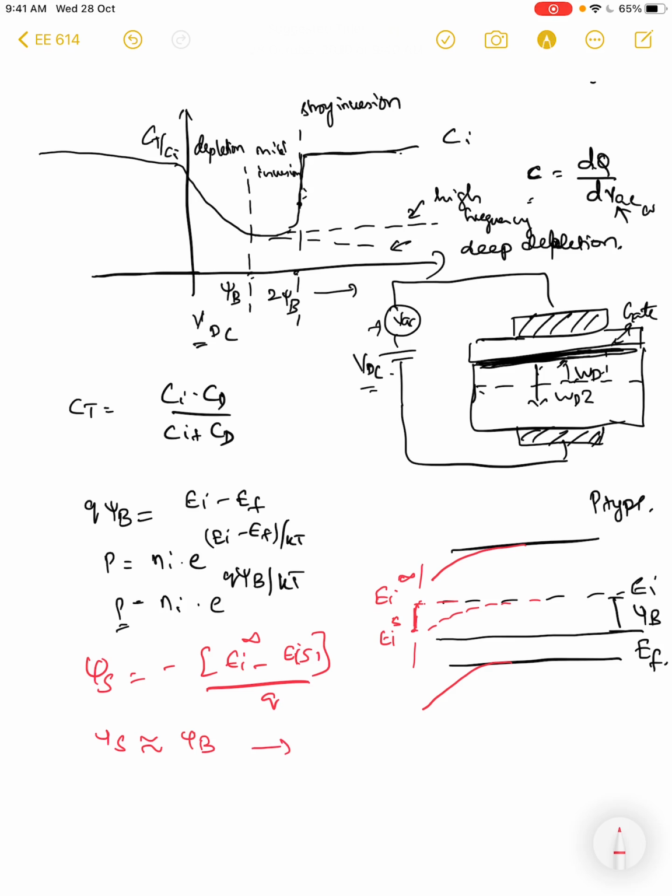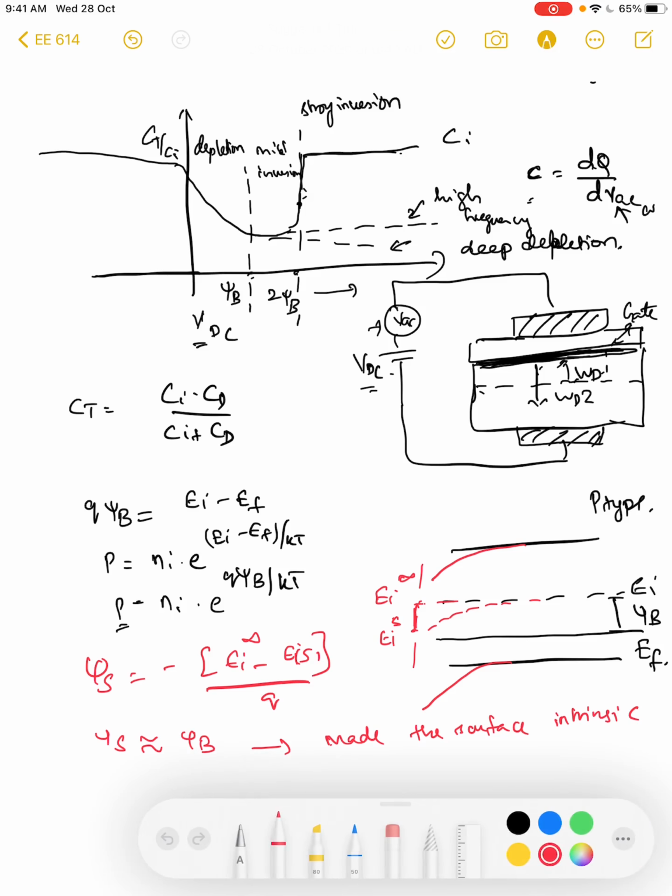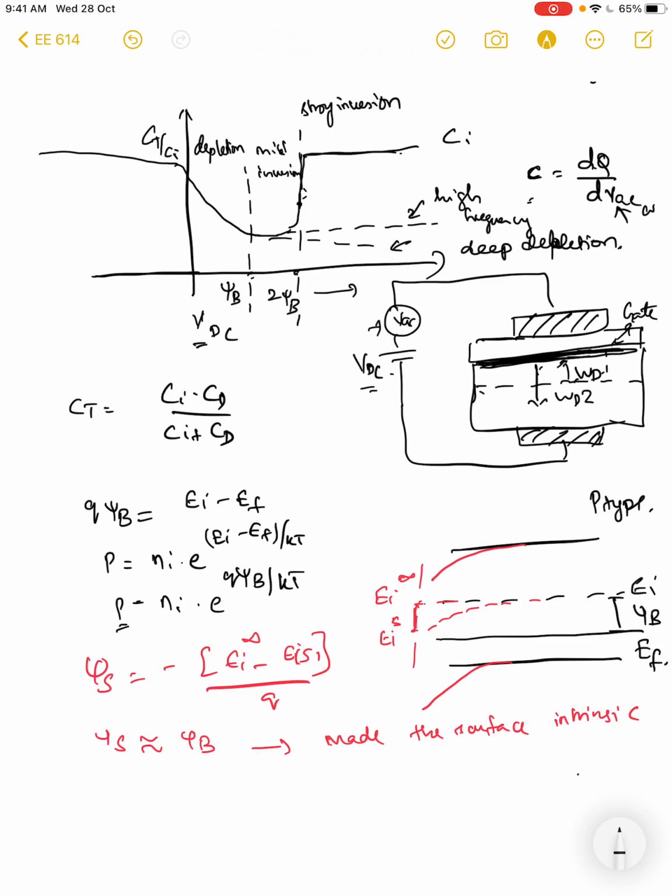So you have actually made the surface intrinsic. So at psi s equal to psi b, the surface is actually intrinsic. So you have the number of electrons and number of holes at the surface to be equal. So the semiconductor is no more doped at this particular point.